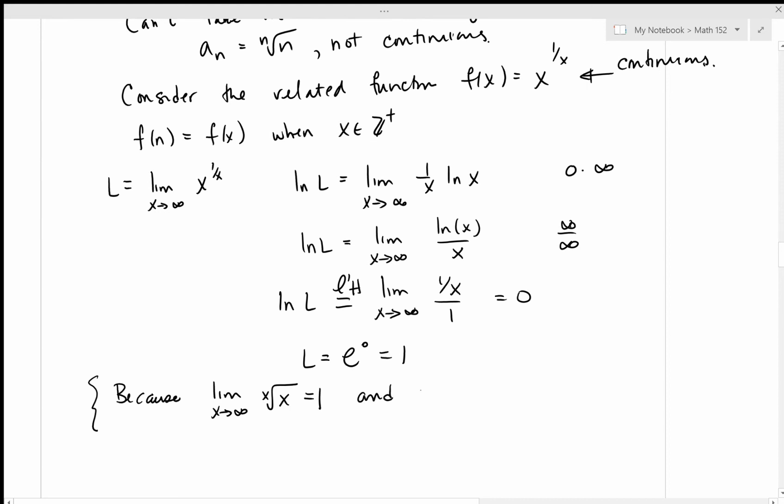And when n is a positive integer, then the limit as n goes to infinity of the nth root of n is 1.